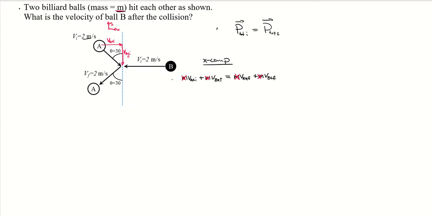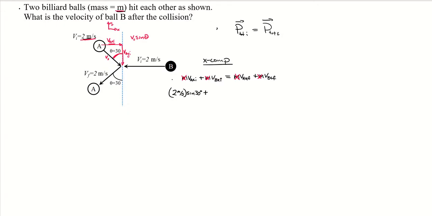If this angle is 30 degrees, the x component, the side opposite that angle, is going to be V naught sine of that angle, if we remember our trig functions. V naught is the initial speed, the hypotenuse. So it's going to be 2 meters per second times sine of 30 degrees, in the positive x direction.